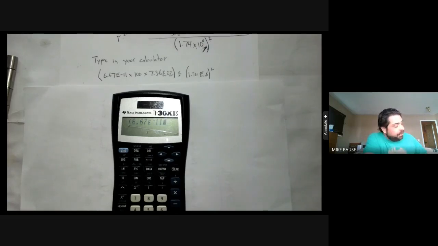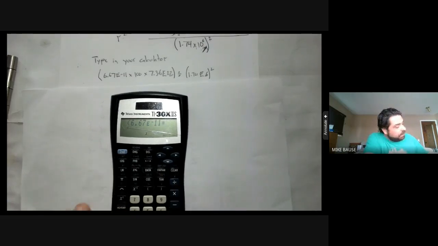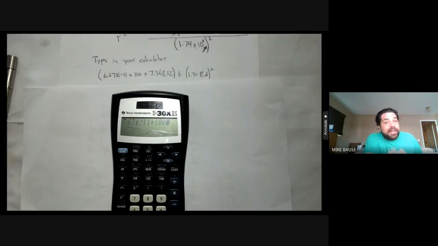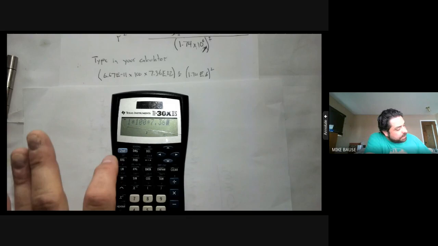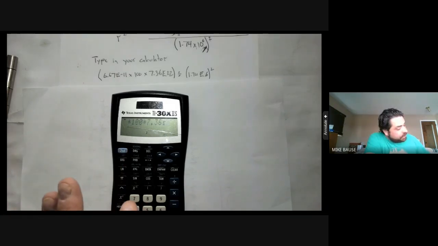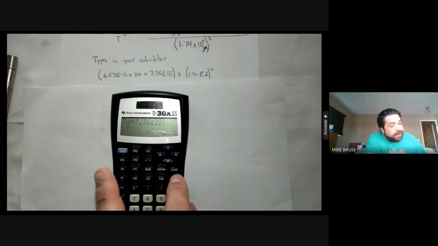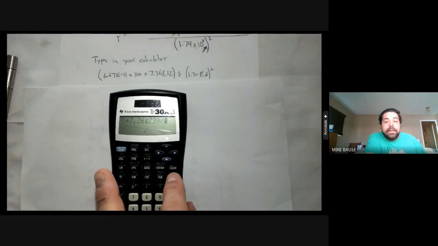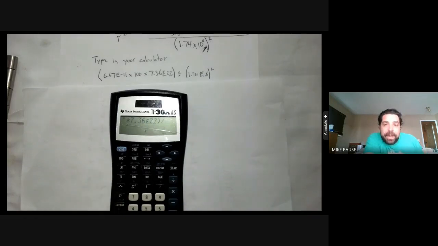Then you multiply it by my mass, 100, and then by the mass of the moon, 7.36, second button, EE, and type in 22. I close the parentheses and divide. I then type in the radius squared, keeping in mind that this should be in meters.